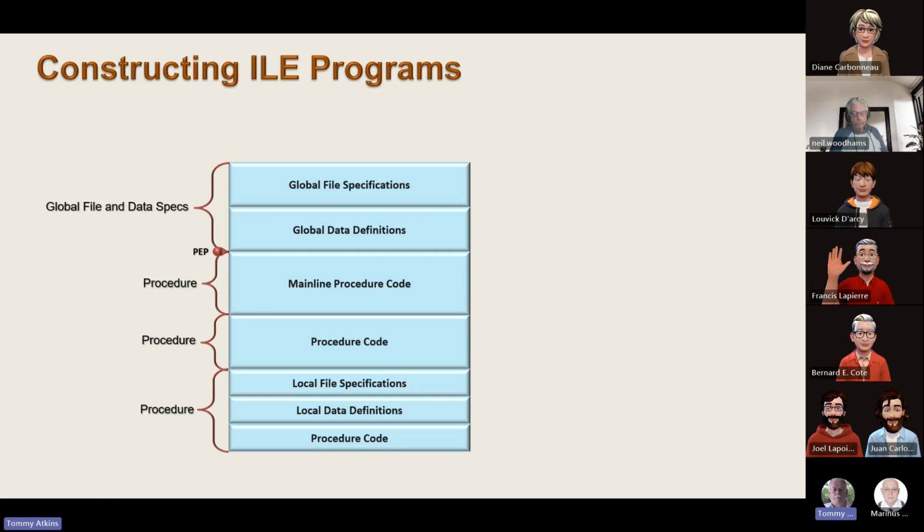Francis, you want to ask a question? When would I decide to use a local file specification instead of the global file? Well, it entirely depends on what you're planning to do.